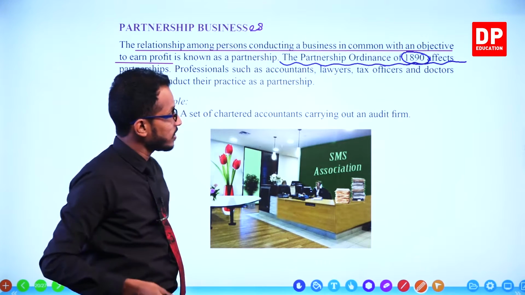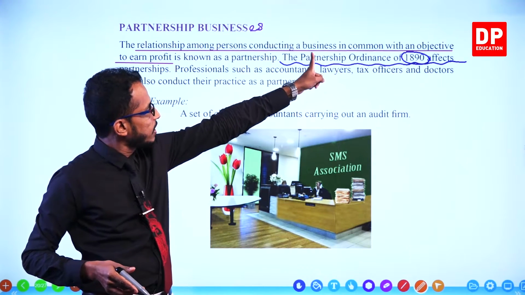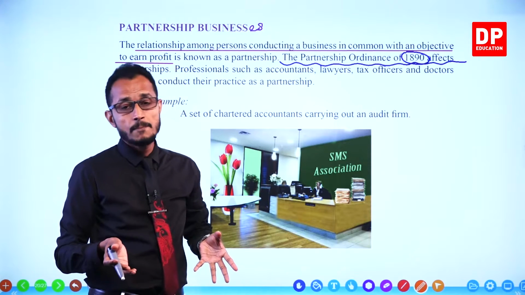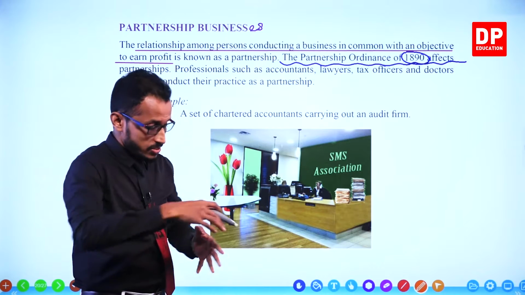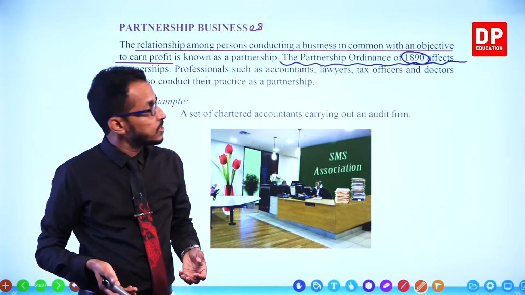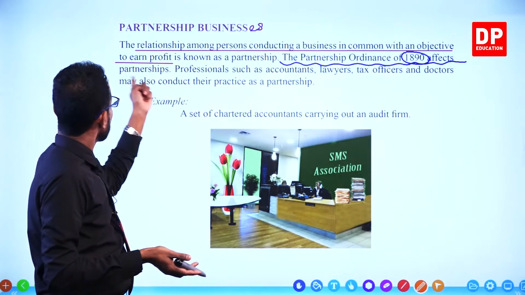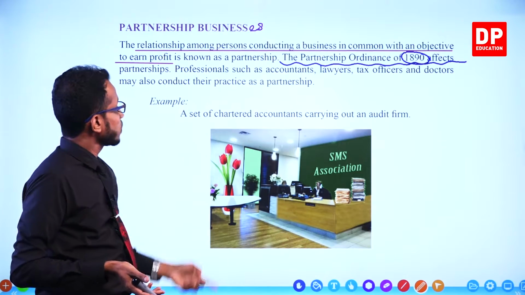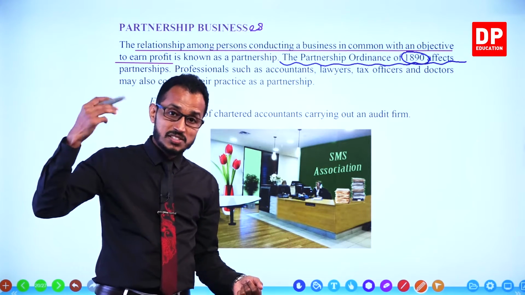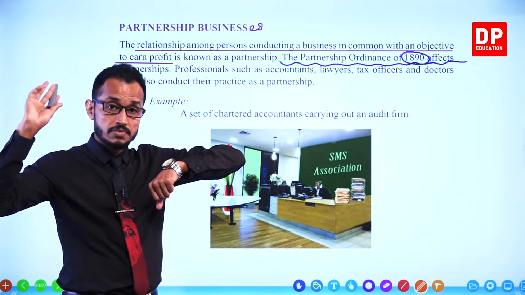So even before we got the independence, 1890, when Sri Lanka was a colony of British Empire, when we were under the British, this law has been brought to govern partnership businesses. Okay, so obviously now you have an idea about the history of partnership businesses. These businesses have been carried out since very early ages.